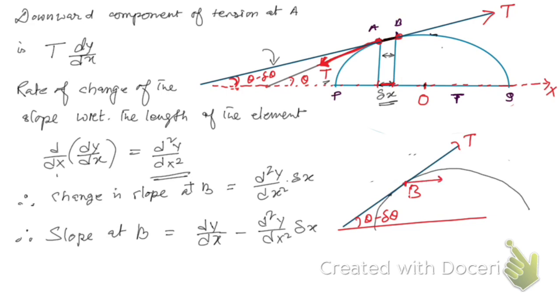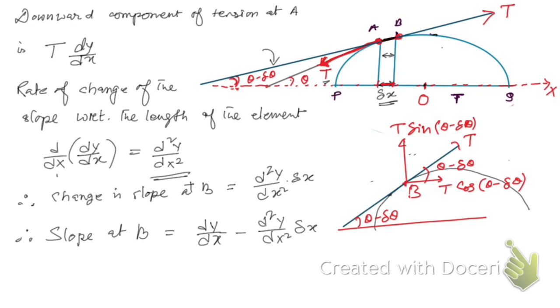So the horizontal component is T cos of theta minus delta theta, because this angle will be the corresponding angle, theta minus delta theta. And the vertical component will be T sine of theta minus delta theta, right? That's what we get.